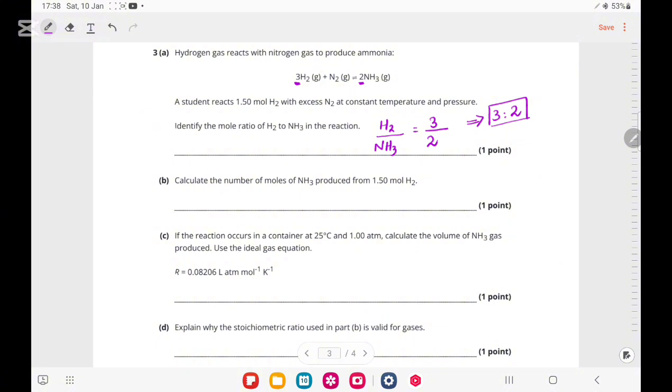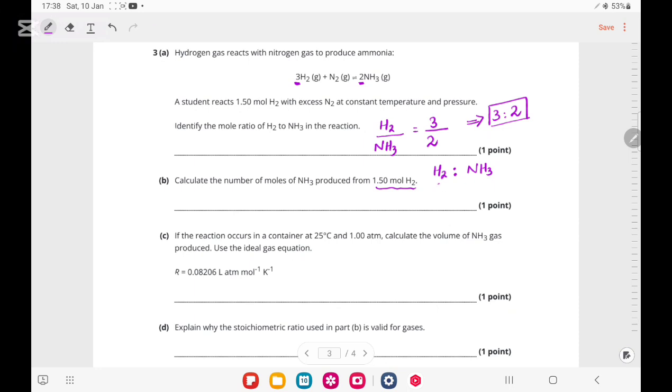Then calculate the moles of ammonia produced when 1.50 mole of hydrogen are reacting. So we have H2 moles which are known. I'm going to put it on the left hand side, and the unknown on the right hand side.